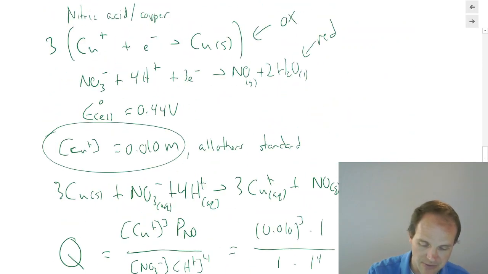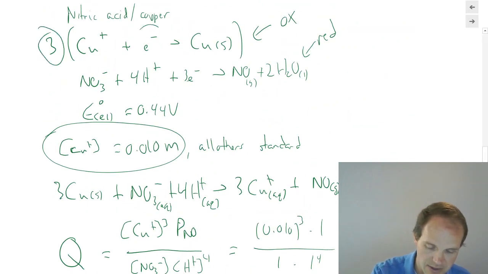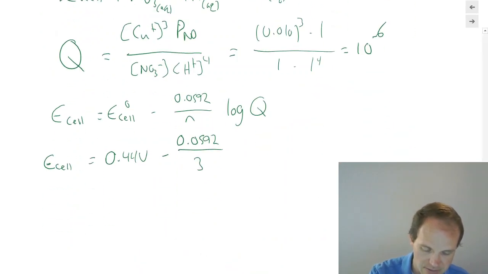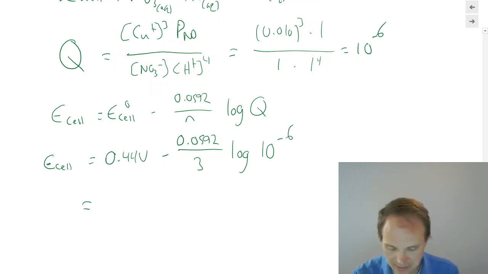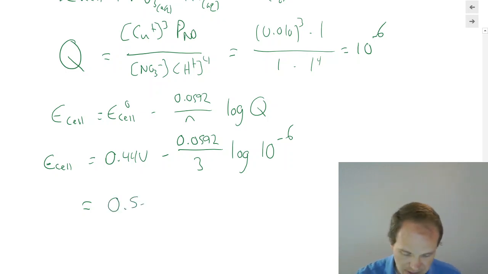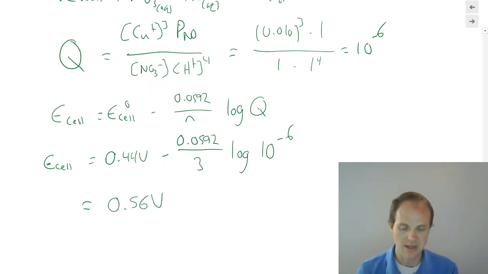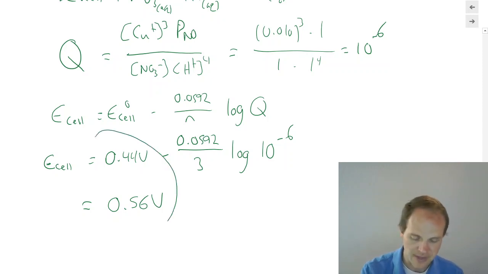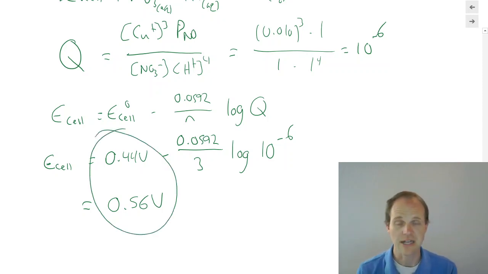Well, we had to multiply everything by 3. 3 electrons here, 3 electrons here. And so our n is 3, times the log of Q, which is 10 to the minus 6 here. And if you do all that work in your calculator, you get 0.56 volts. Now, you'll notice that's greater than our standard cell potential.